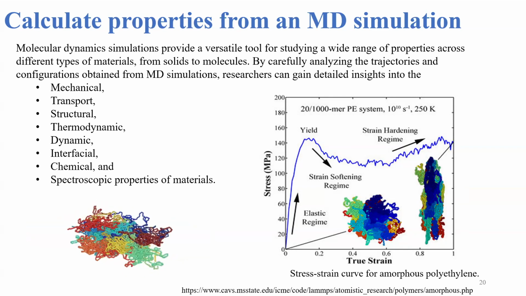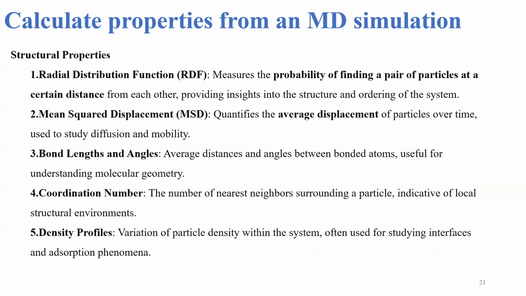Not just that, we can have several structural properties such as the radial distribution function. It's basically the probability of finding a pair of particles at a certain distance. When you are moving the atoms with particular forces governed by a particular force field, we might want to see how those atoms are changing their position. That can be captured from RDF.